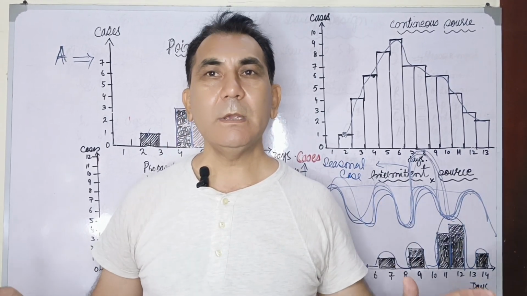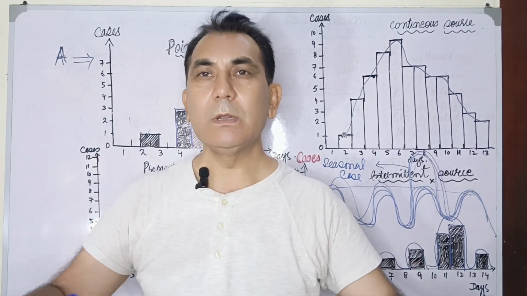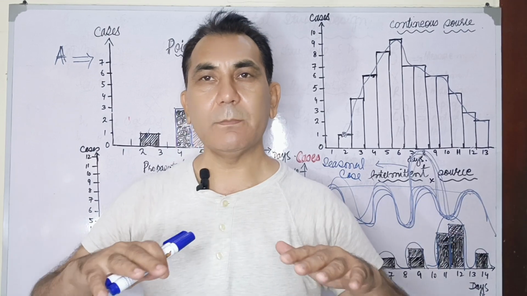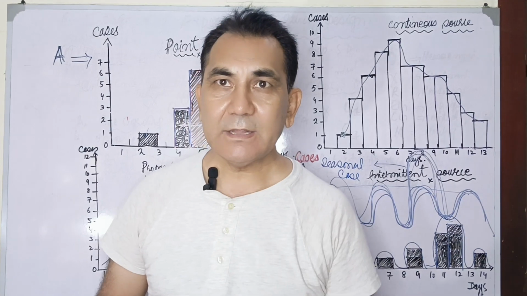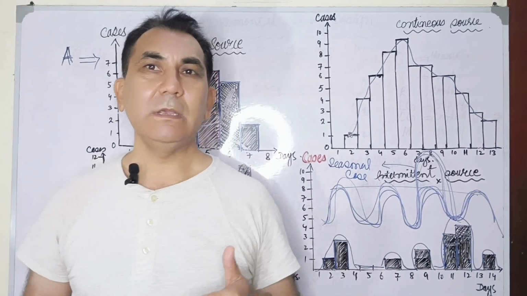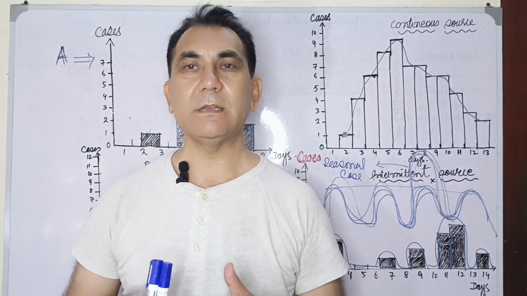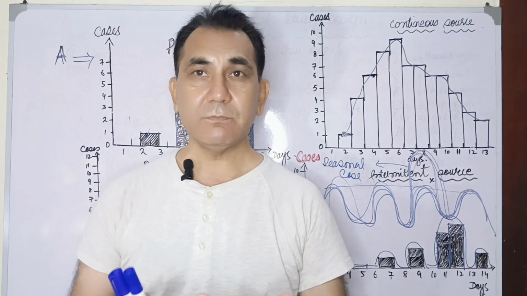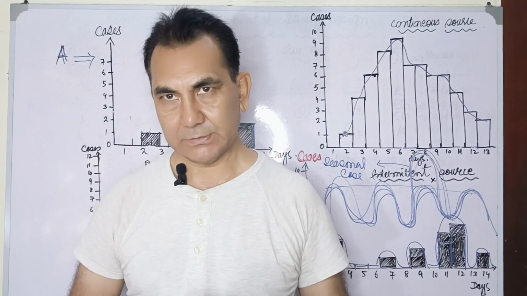And the endemic is when the usual number of cases remains in a particular community in a particular geographical area. On the other side, the epidemic always increases with the number of incident cases. When the number of new cases increases, it becomes an outbreak or an epidemic.